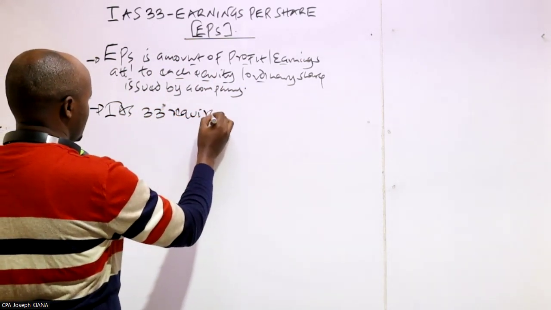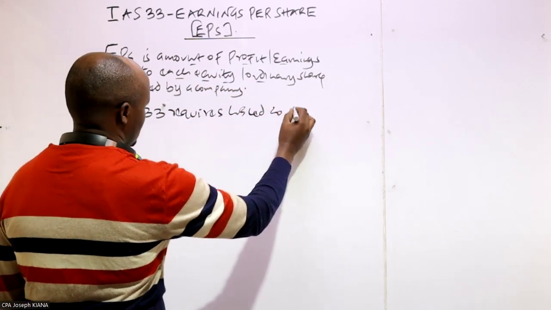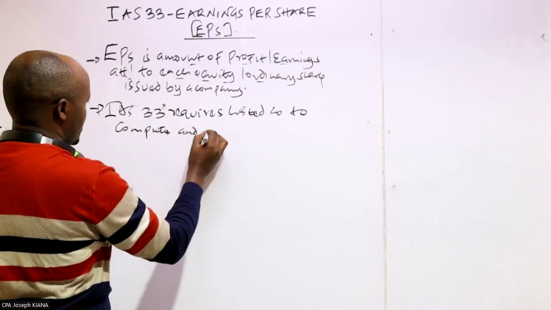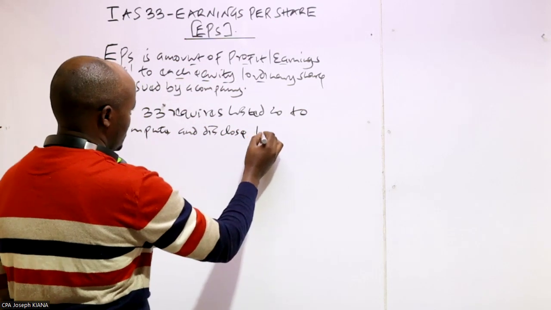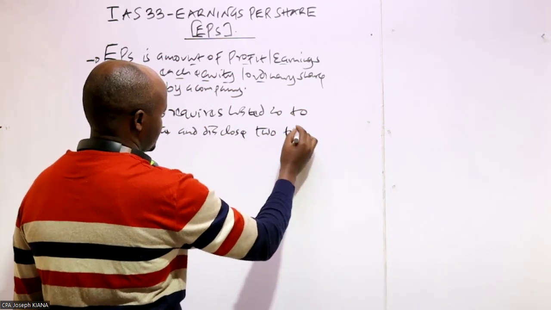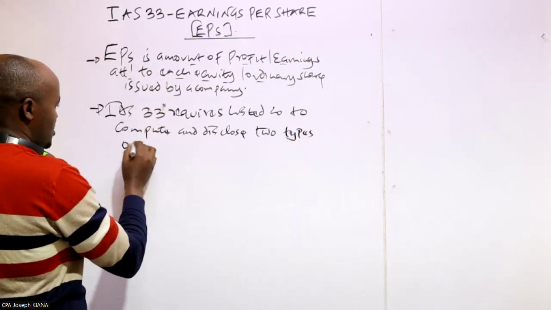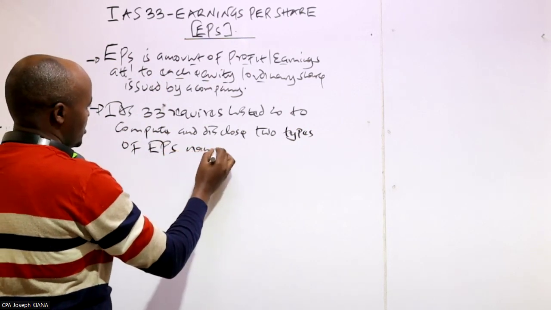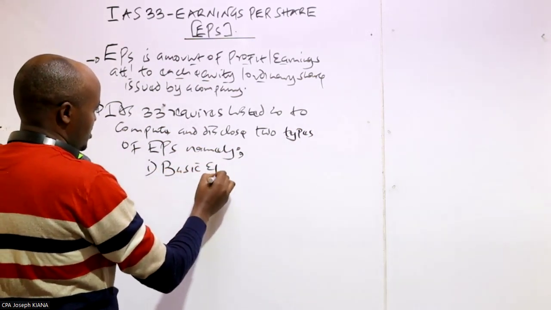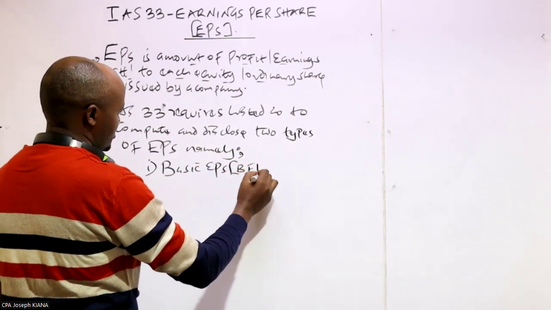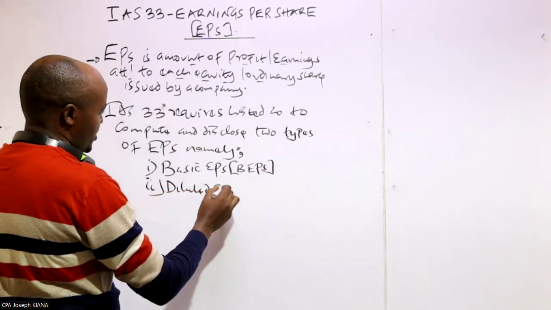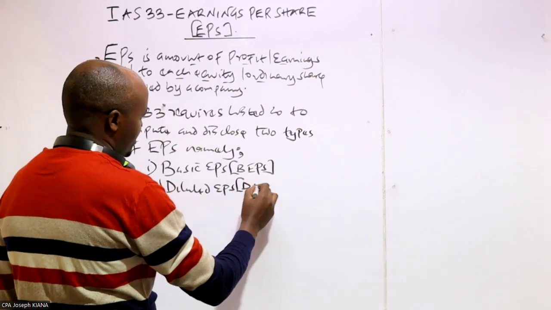So we can say that IAS 33 requires listed companies to compute and disclose two types of earnings per share, namely, number one, basic earnings per share, abbreviated as BEPS, and number two, diluted earnings per share, abbreviated as DEPS.